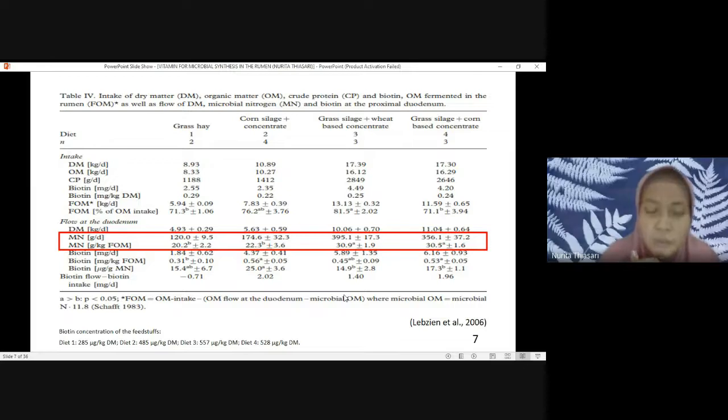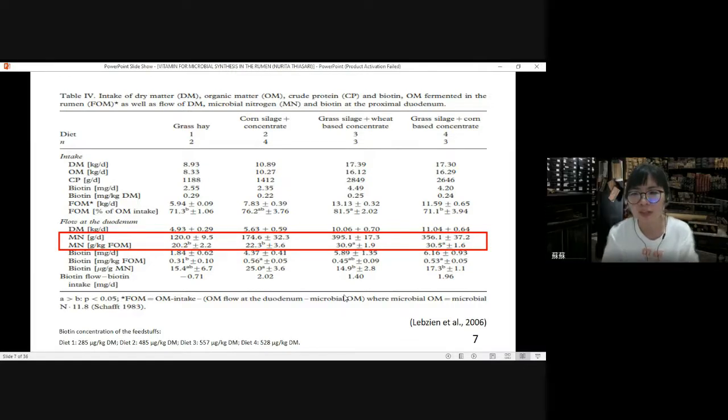Because for your explanation, if we use the vitamin B to synthesize the protein, they need more energy to do it, but because of less energy, they cannot have more benefit.